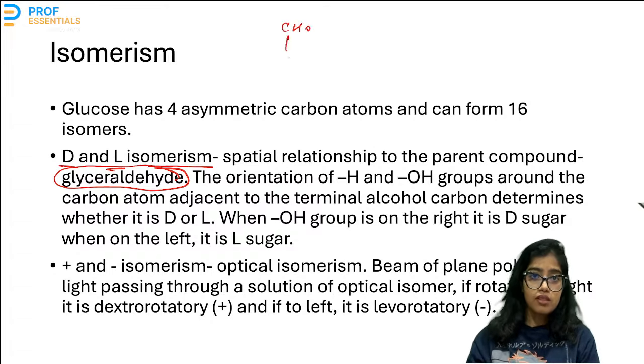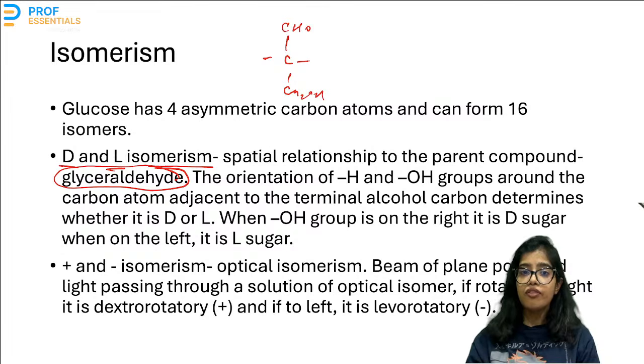CHO, C and CH2OH. Now, if the carbon atom adjacent to the terminal alcohol has OH on the right side, then it is D-glyceraldehyde.